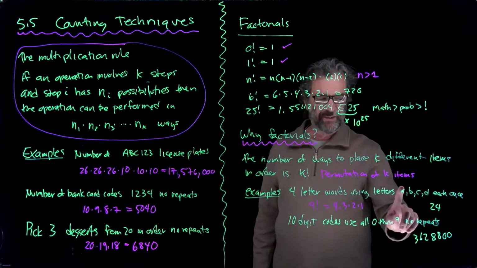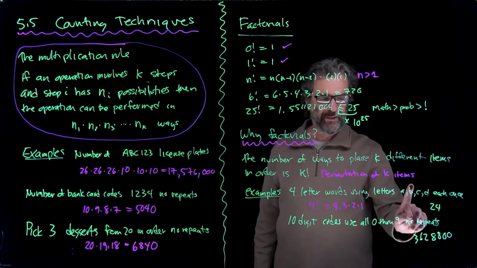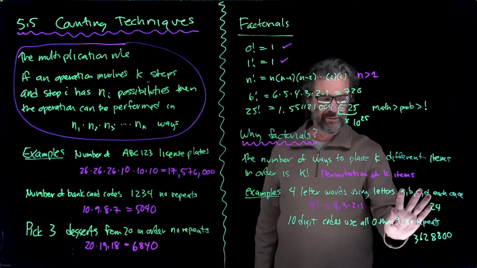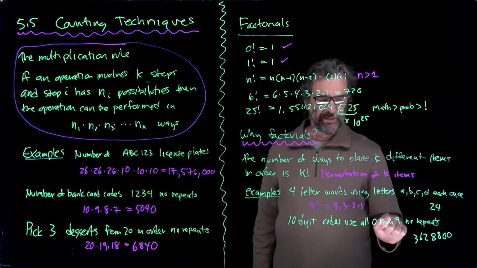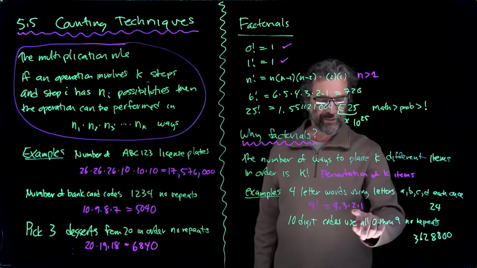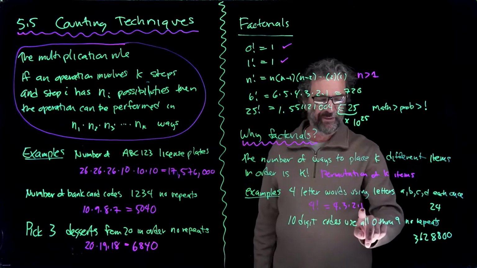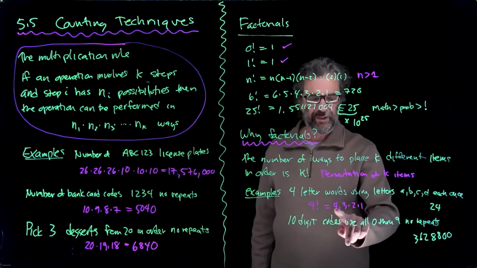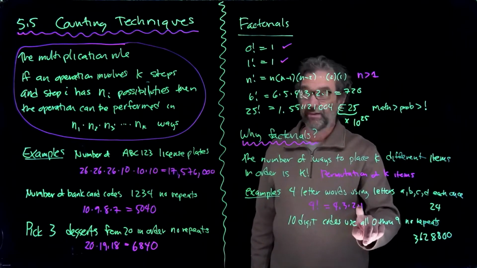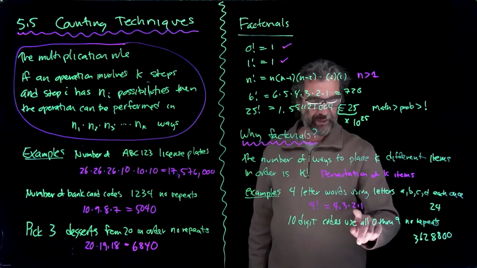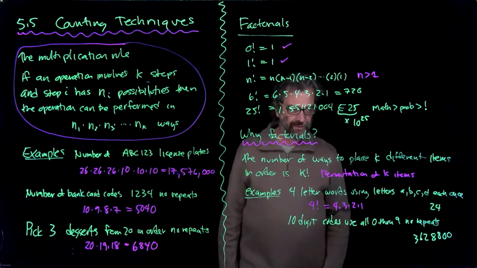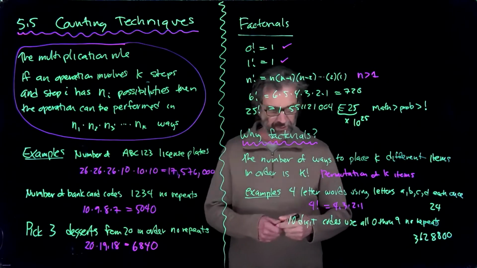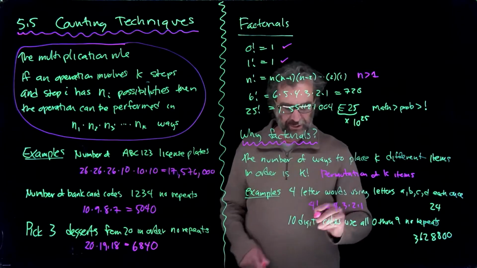I've used up a letter, then I have to pick a second letter. Then there'd be 3 choices, and then I'd use up 2 letters. And then I'd have to pick one of those 2 letters for the third letter, and then there'd be only 1 left for the 4th letter. So number of choices times number of choices times number of choices times number of choices is the multiplication rule. And out comes 24.